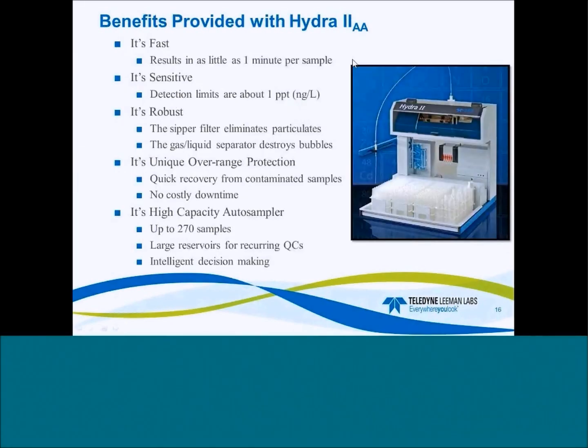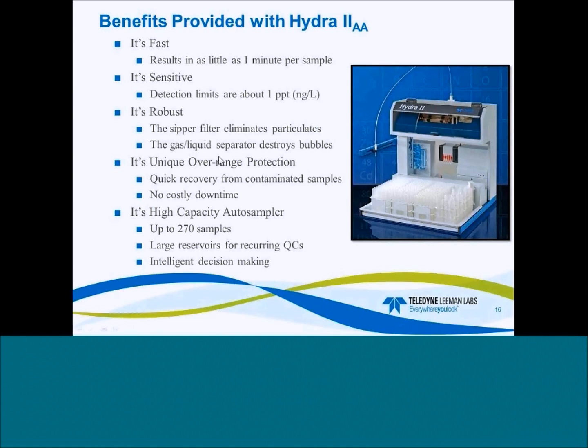For us, with the Hydra AA, we do have several benefits that people should be aware of. Typically, about 1 minute per sample is all that's required. We have a sensitivity with a detection limit of about 1 part per trillion. We have a pretty sophisticated gas-liquid separator that can handle difficult samples.